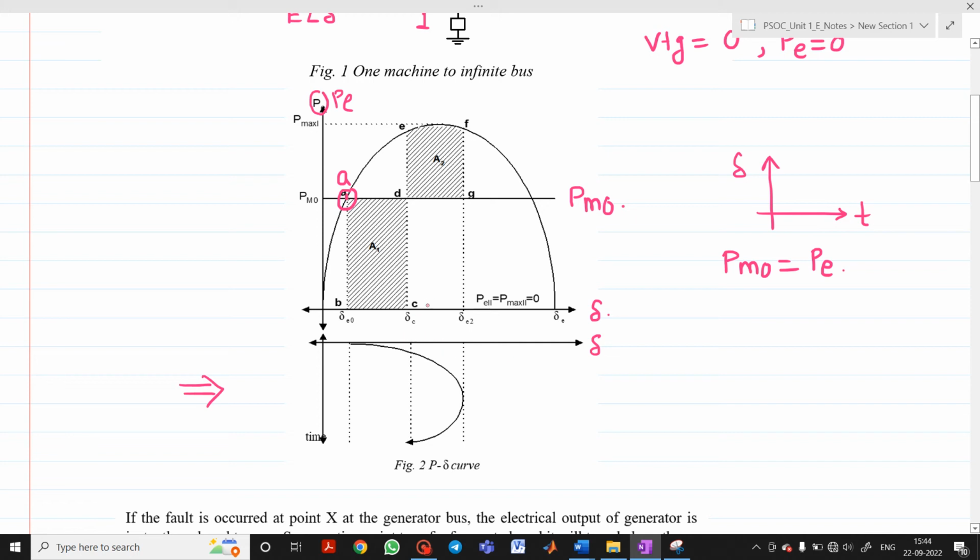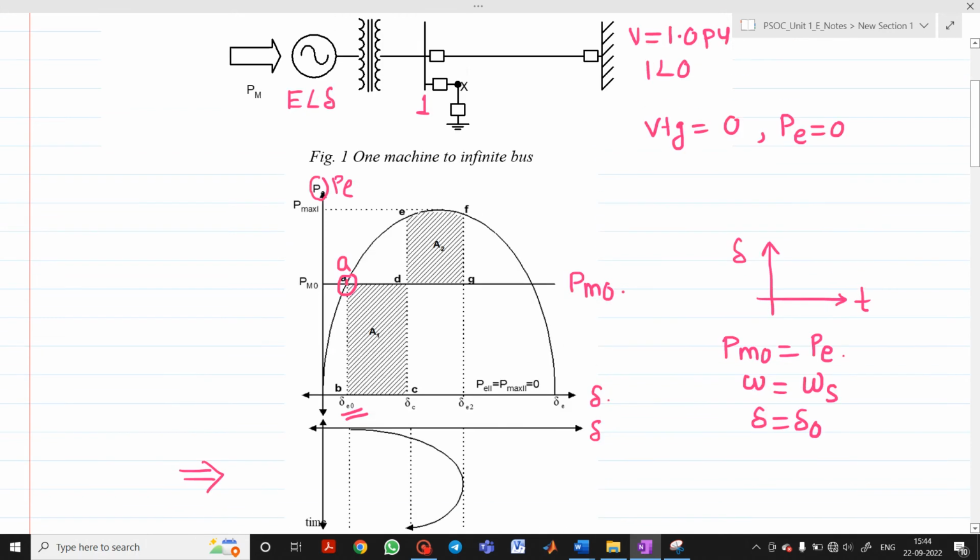This is the point before the occurrence of the fault. At A, PM will be equal to PE, and therefore the speed omega will be equal to omega s only, and the rotor angle will be equal to delta 0. This is your initial operating point when there is no fault.